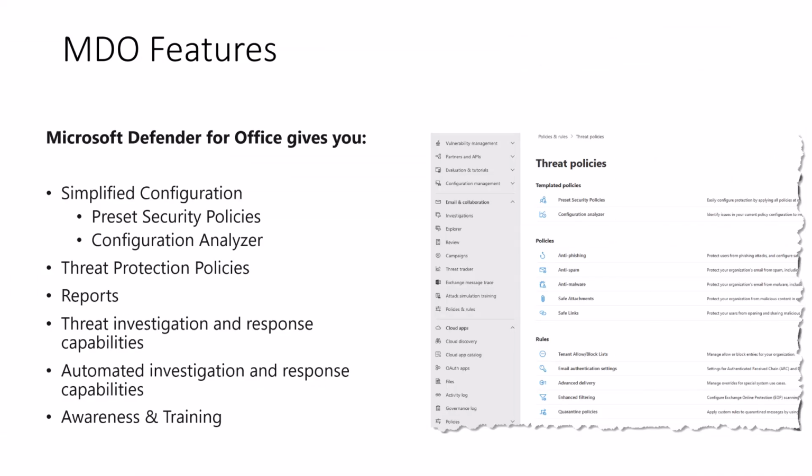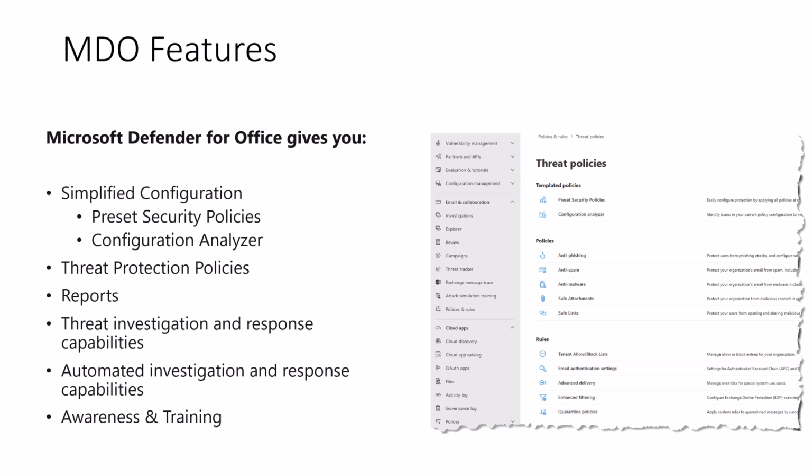Some of the interesting feature sets of the Defender for Office that you get with the Plan E or Plan 1 is the simplified configuration. With the simplified configuration, it's easy to get started and use templated policies within your Microsoft Defender for Office.